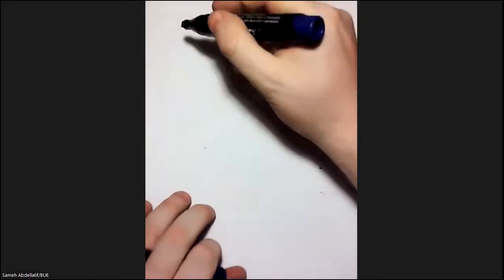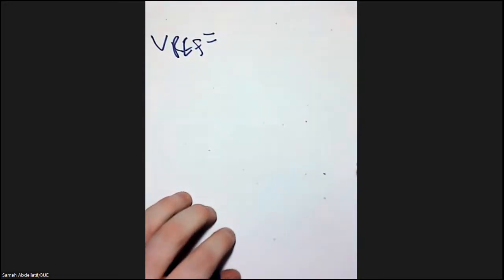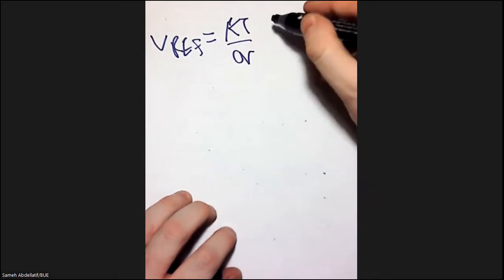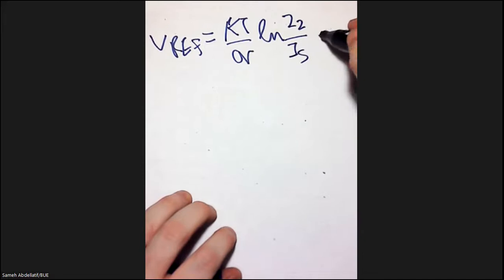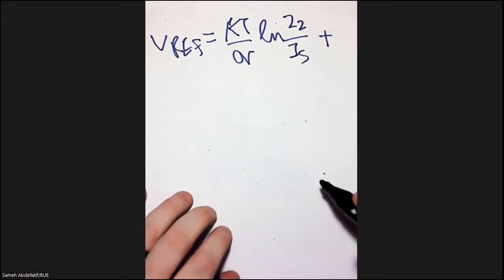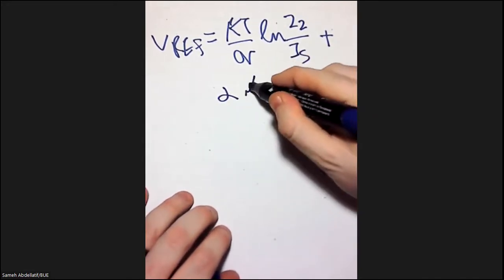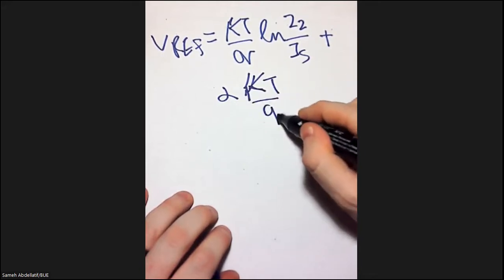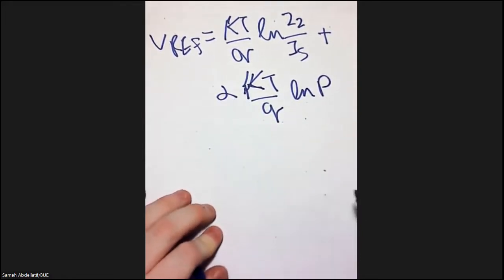V reference equals VPE, which is KT over Q ln I2 over IS, plus delta VPE, or plus V absolute, which is alpha times delta VPE, which is KT over Q ln B. This is alpha because this is the amplification factor.